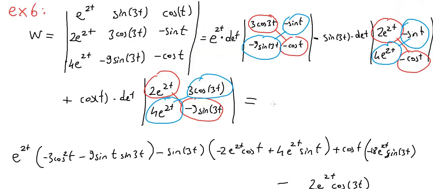All we are doing is multiplying those entries times the determinant of these.